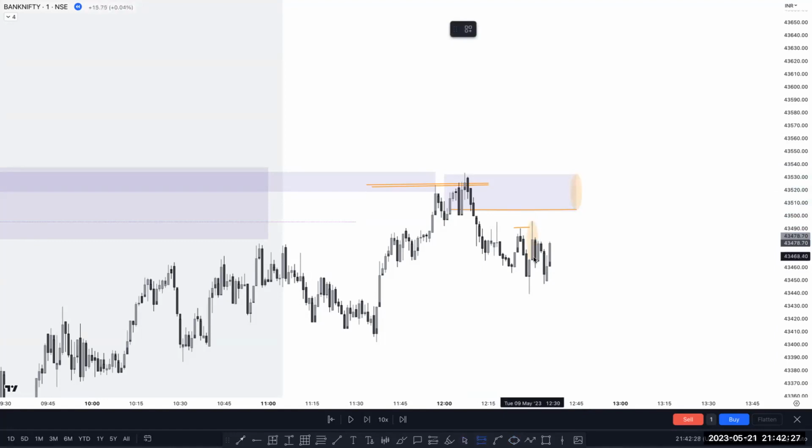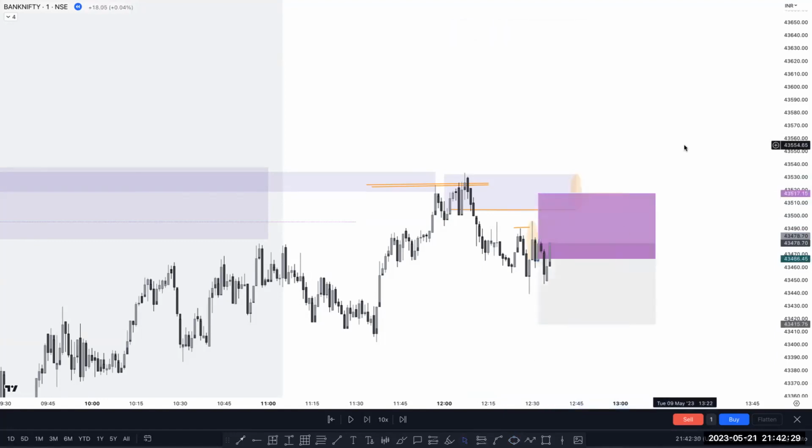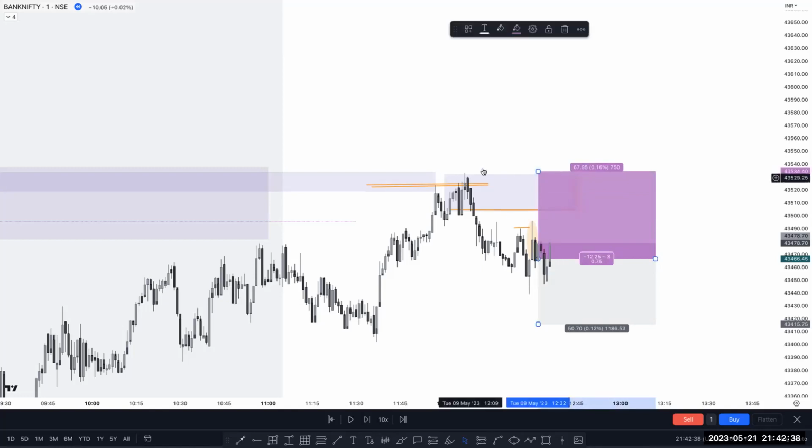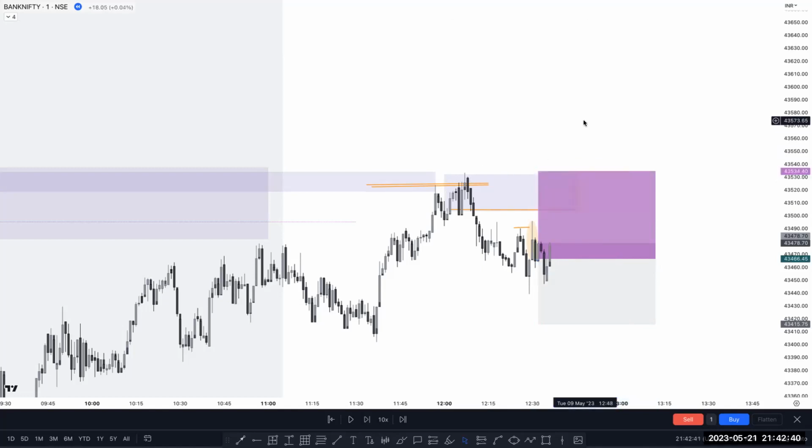Okay. So this entry is also valid here, but you have to put the stop loss at least just above it, and safer side is above it, because this is our 15-minute candlestick sweep right here. Okay, and this is our refinement, because we have two PY, first here and second here, right?